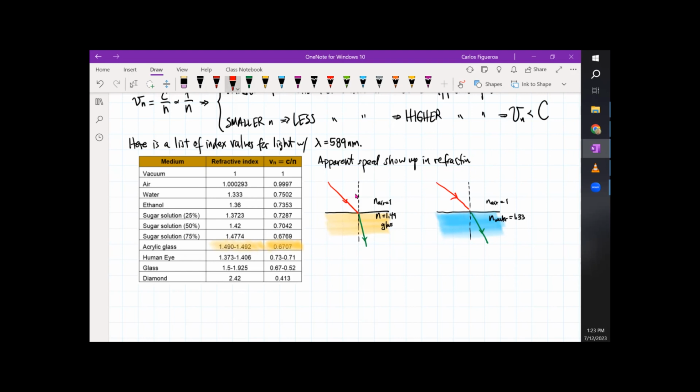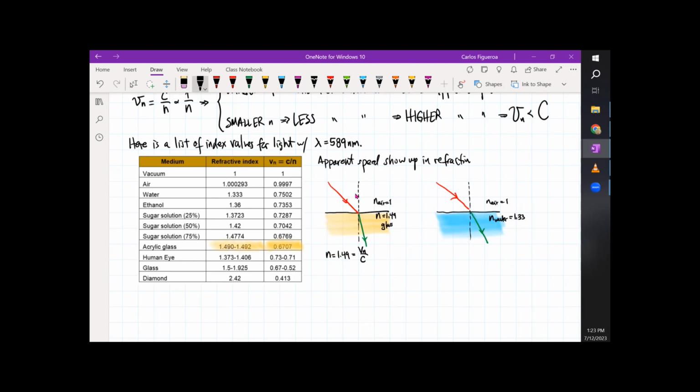And so what you're seeing here is that the larger the refraction, in this case, I see that n is 1.49, that's also equal to c divided by the apparent speed of light.